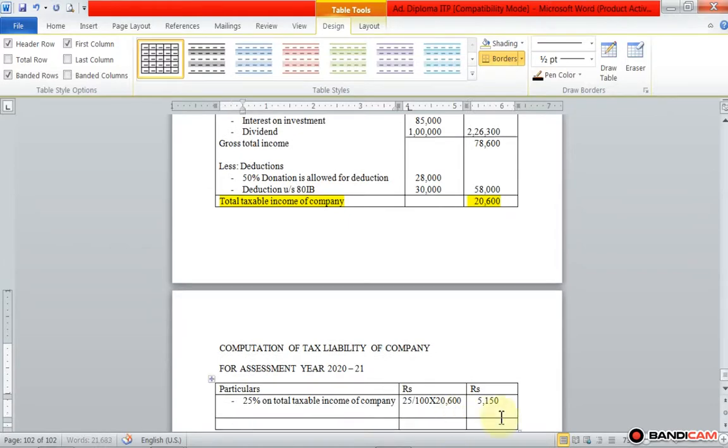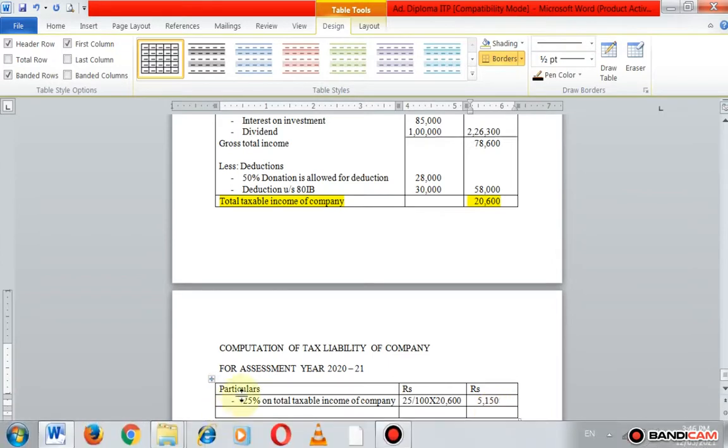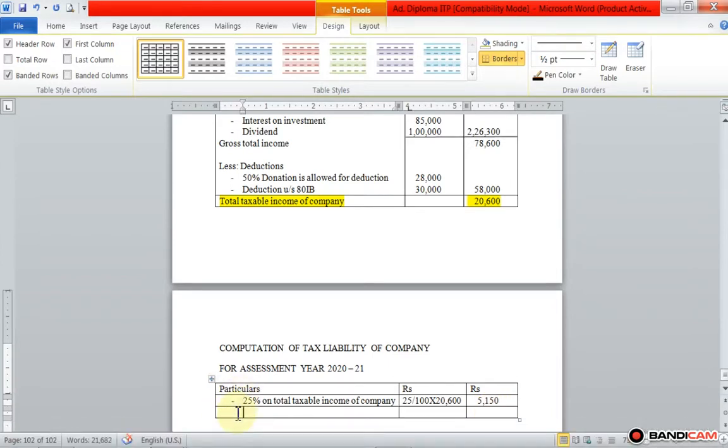Then we add surcharge. So surcharge is nil. Then add health and education cess.